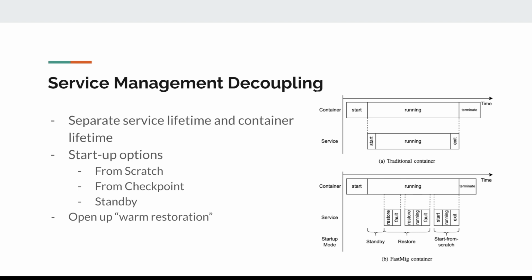We use this to offer 3 startup options, namely from scratch, like you start the operation newly from the beginning, or from any checkpoint that you would want. Or the last one is the standby mode, which is only a plain container but no service is started yet.